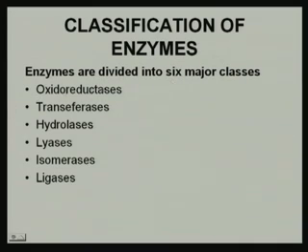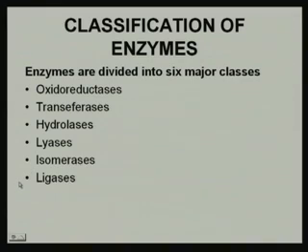First group is called the oxidoreductase group of enzyme, second group is the transferase, third group is the hydrolase, fourth group is the lyase, fifth group is the isomerase, sixth group is the ligases.